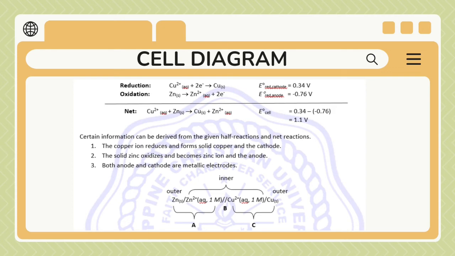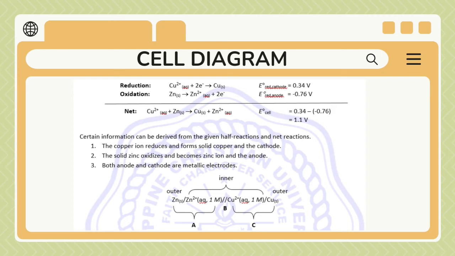As you can see in here, the reduction is Cu2 plus aqueous plus 2 electrons produces Cu, and its E for the cathode is 0.34 volts.